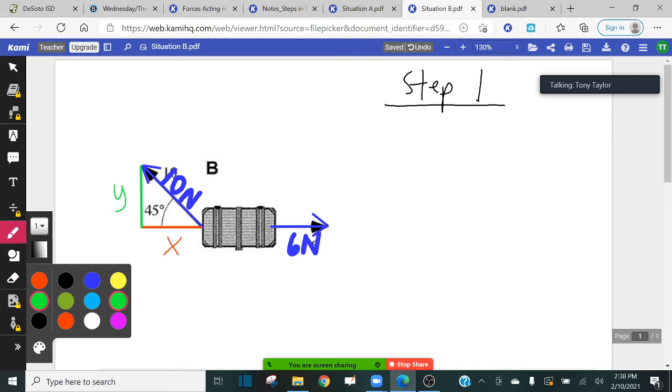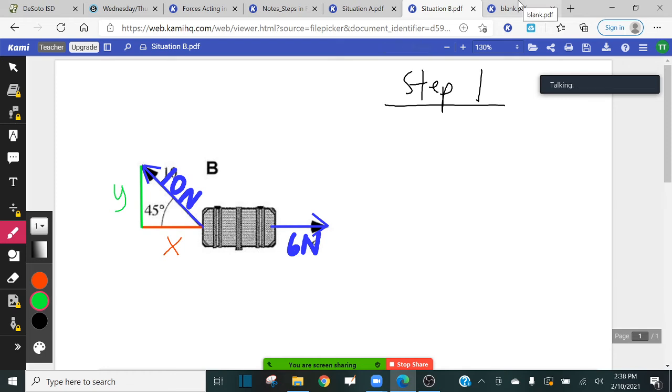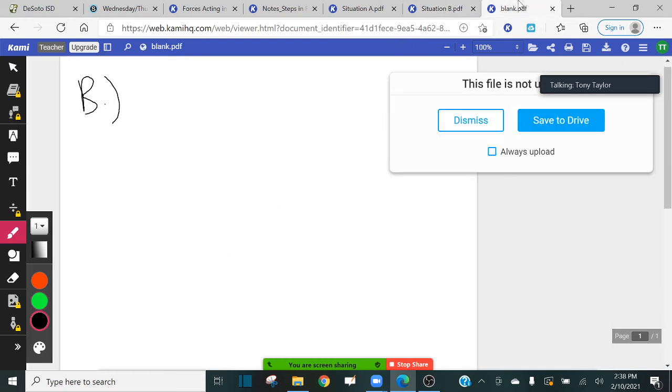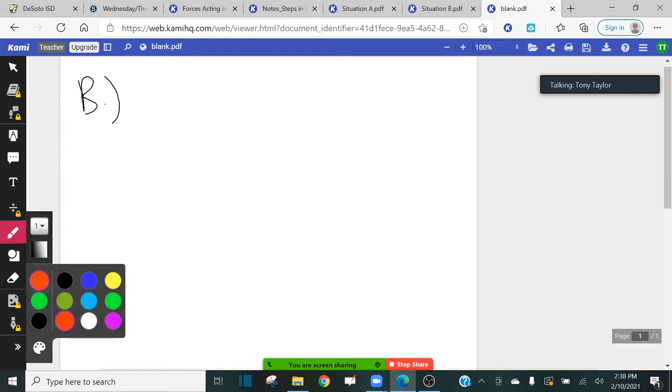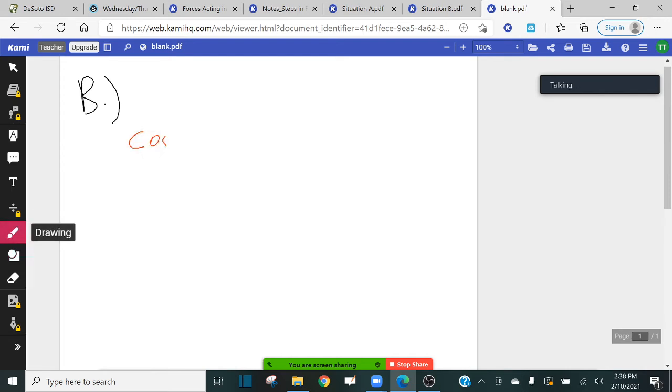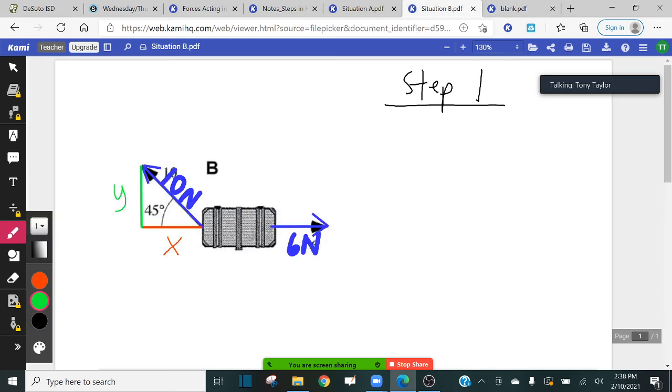Now, in order to solve for x, am I going to use sine or cosine? Notice that x is adjacent to my angle, 45 degrees. Cosine, yep. So cosine of 45 degrees is equal to my adjacent side, which I'm going to call x, all divided by my hypotenuse, which is 10 newtons.